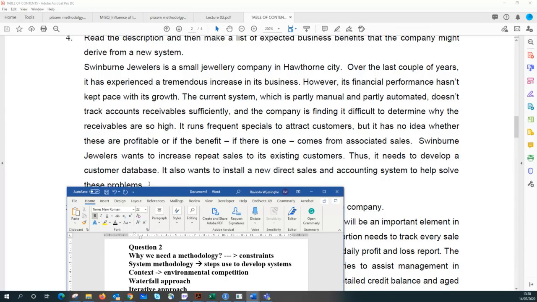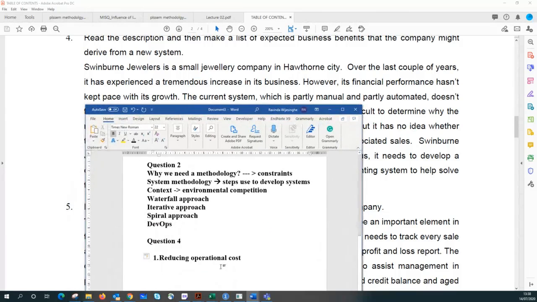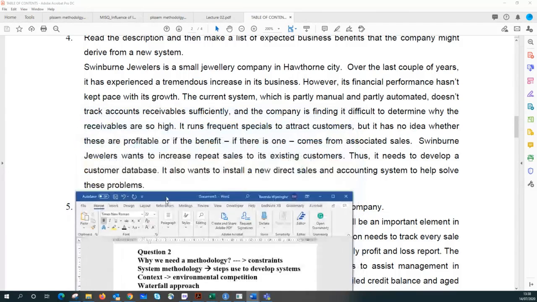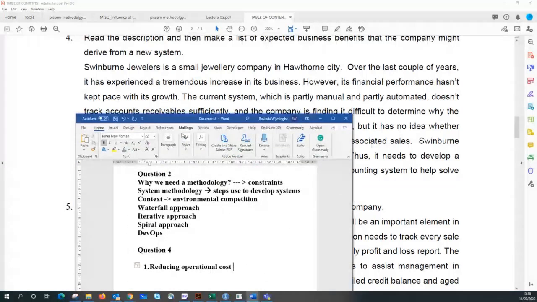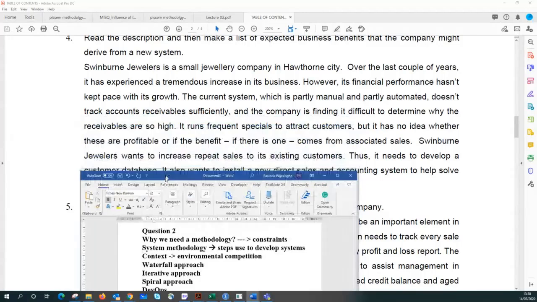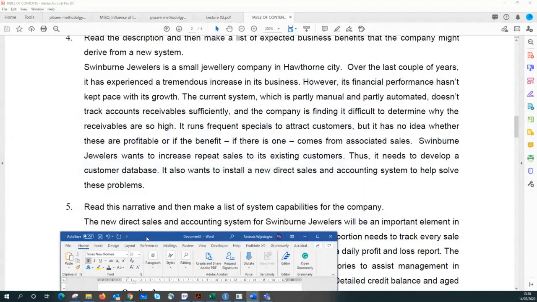In that case, we can reduce the operational cost because we can accumulate cost in the database. If we create that customer database with appropriate other tables associated with the sales and the costs, you can accumulate the costs associated with the product costing, and then see how we're going to reduce or continuously improve the cost in a specific situation.